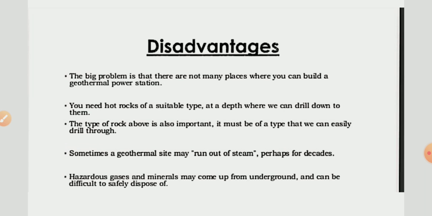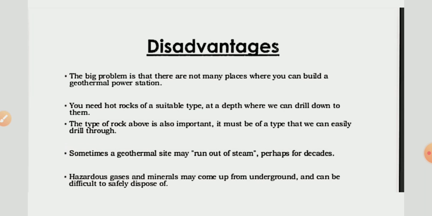And the second is, you need hot rocks of a suitable type at a depth where we can drill down to them. And the third is, the type of rock above is also important because it must be of the type that we can easily drill through.